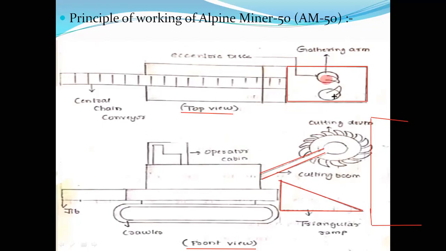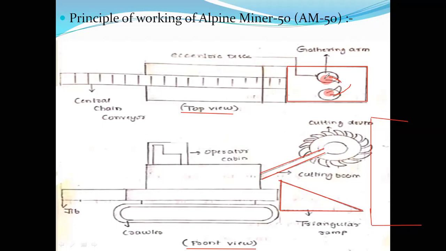These two parts consist of two eccentric discs, so that they can rotate like this. One will be rotated like this, another one like this, which is used to gather the material. That's why the triangular ramp contains the gathering arms, which contain eccentric type discs.